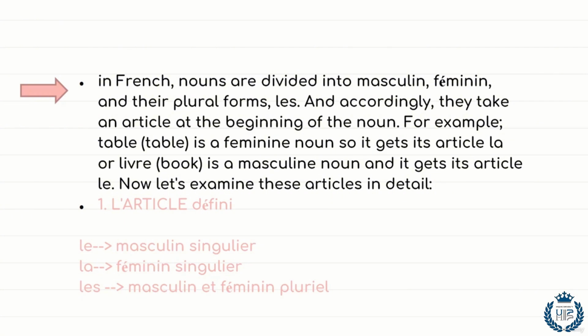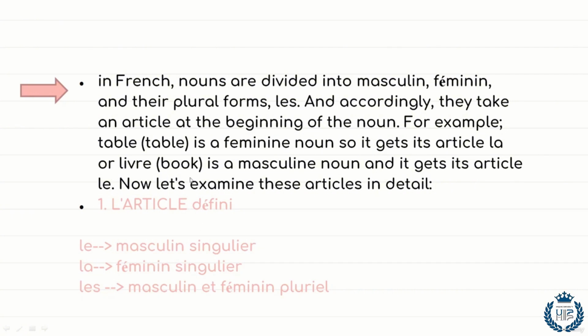Okay, let's review the defined article again. L'article défini. In French, nouns are divided into masculine, feminine, and their plural form les, and accordingly, they take an article at the beginning of the noun. For example, table, which is table in English, is a feminine noun, so it gets its article la.